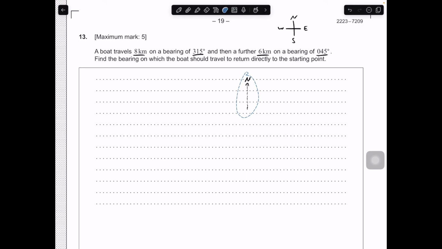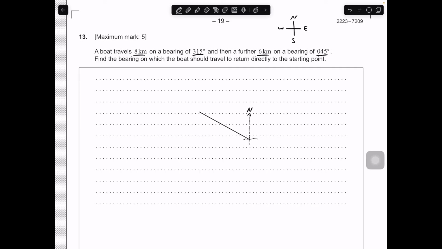I'm going to move this down just because it looks like it will be helpful. Okay, so here's true north, and we want to sweep through an angle of 315 degrees. So if this is 90 right here, this is 180, this is 270, and we're going to sweep through an angle that is 315 degrees, something like this.